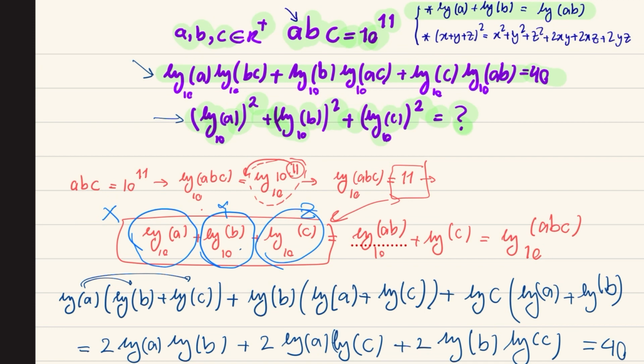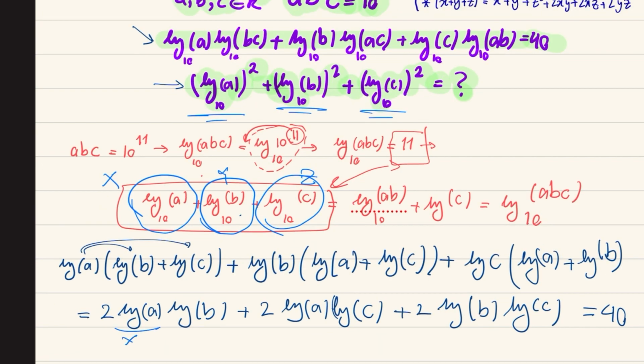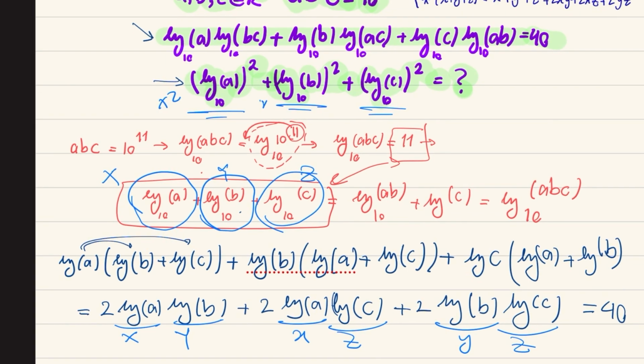If we assume this, we see that x squared is here, y squared is here, and z squared is here. And we also see that we have xy here, we have xz here, and we have yz here. So this is kind of the new playground for us. If we take a look at this, we know that this is now our x squared, this is our y squared, and this is our z squared.